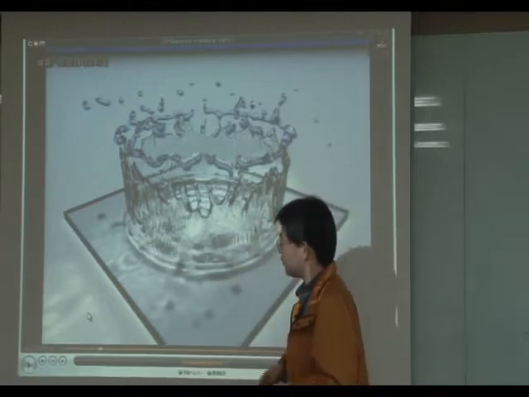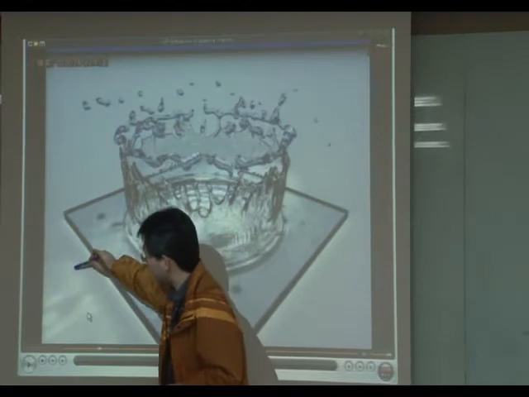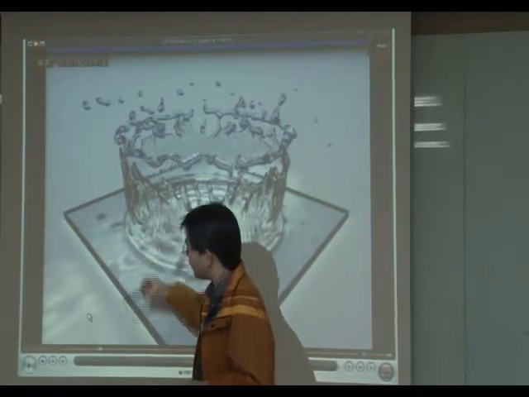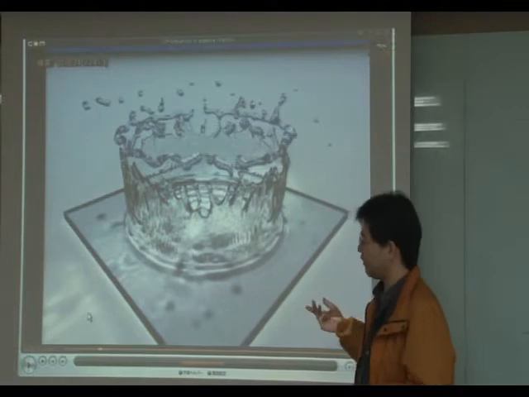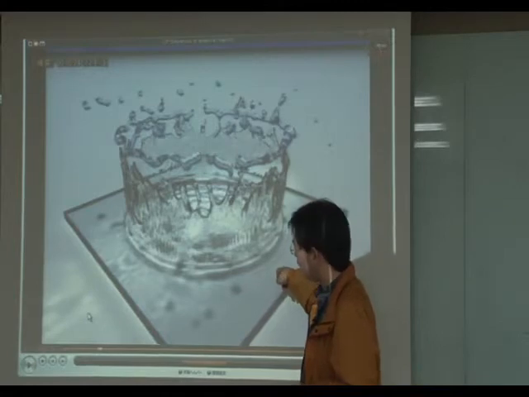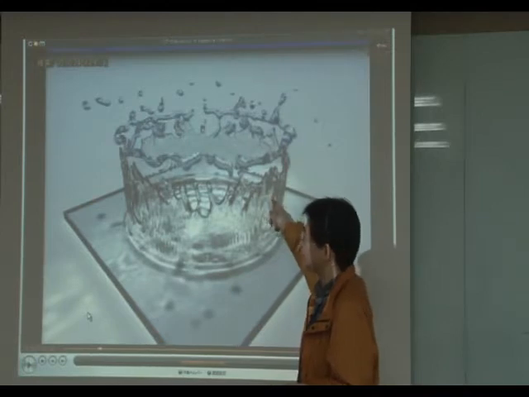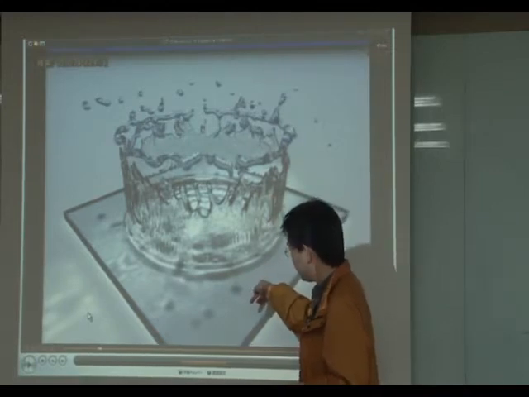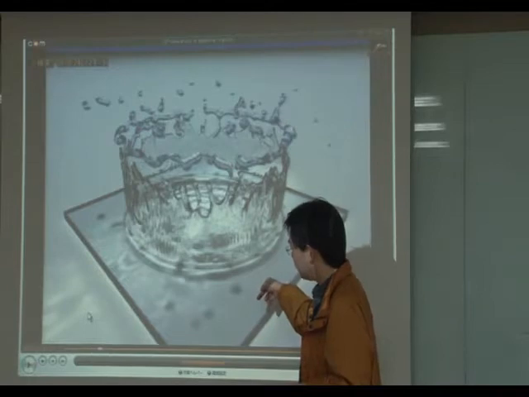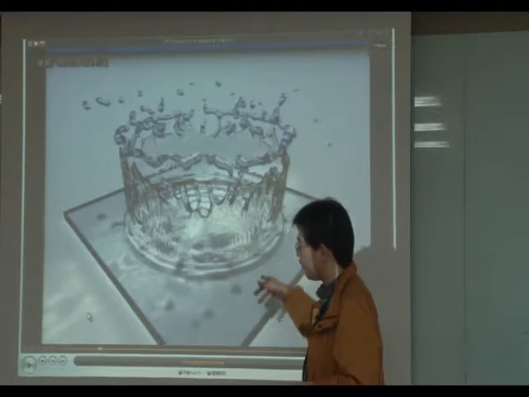Ray tracing is sometimes very time consuming, because all pixels should be calculated. For one pixel, you have to calculate the ray path of light, and you have to determine how much intensity of light, and what is the color of this point.